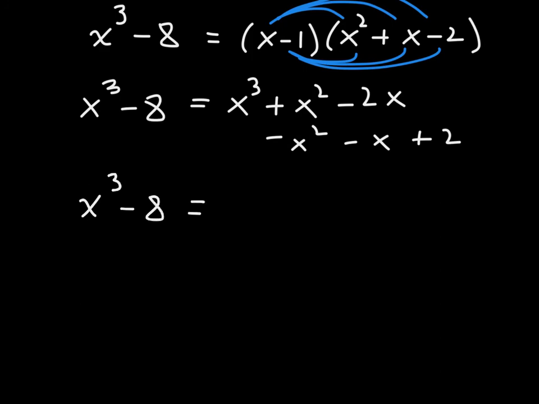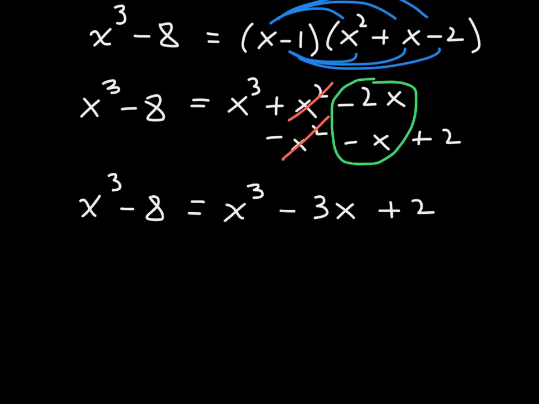Now on the right-hand side, I am noticing that these terms are opposite, so they cancel, while these two combine to negative 3x. So on the right-hand side, you have x cubed minus 3x plus 2. Now, notice that x cubed terms cancel, and you're left with a linear equation.